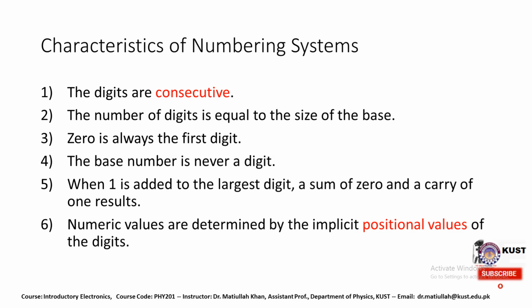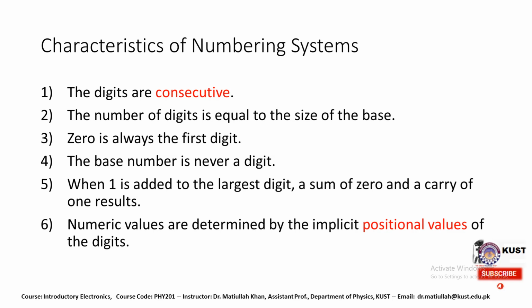Just like for the binary number system, the base is 2, and for the octal number system the base is 8, so definitely there will be 8 digits in these systems. The decimal number system will have 10 digits, and in the case of the hexadecimal number system, as it has the base 16, it will have 16 digits.